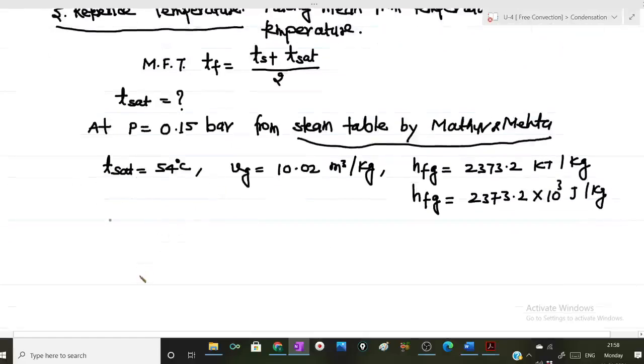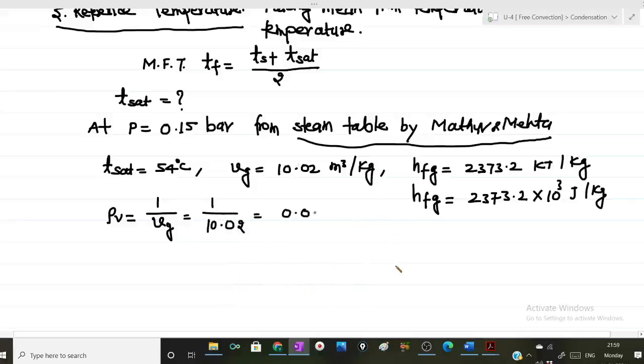Now I am interested in density of vapor, and density is reciprocal of specific volume. So reciprocal of 10.02 will give me density of saturated vapor as 0.0998 kg per meter cube.